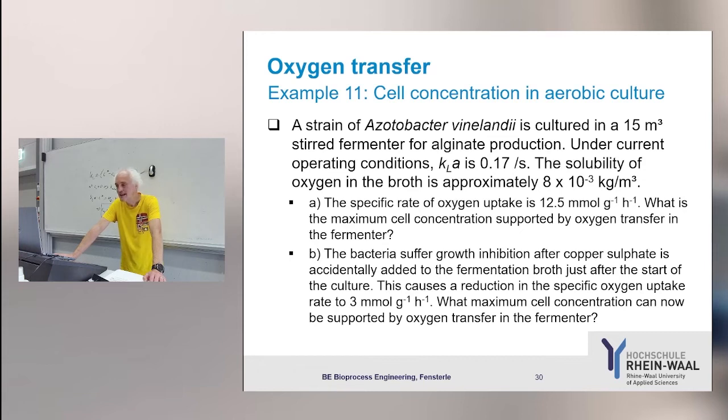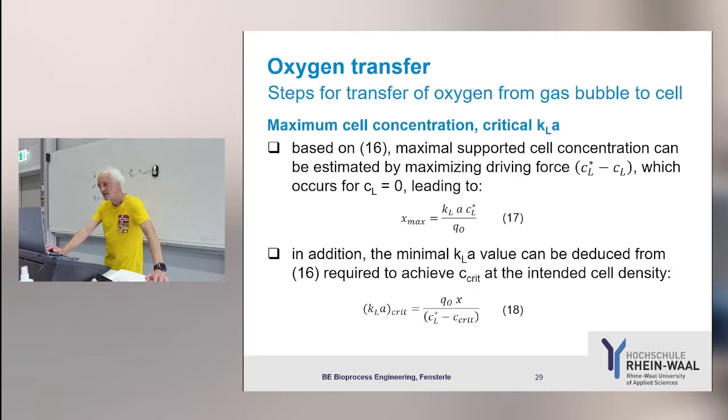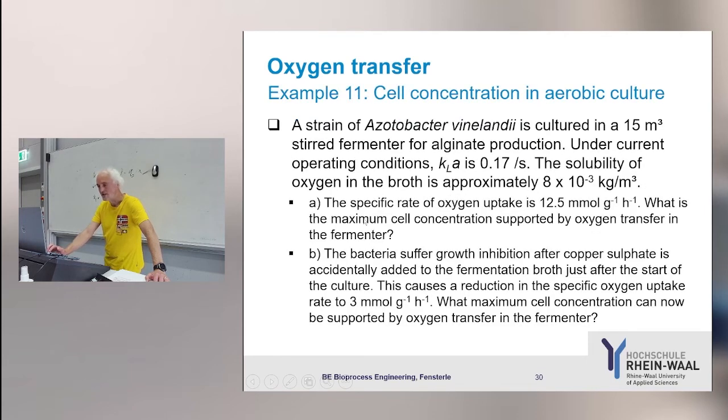So at the end, it's all about this equation. We talk about this equation here, that X max is KLA times the saturation concentration divided by Q0. The arts is again conversion of units.